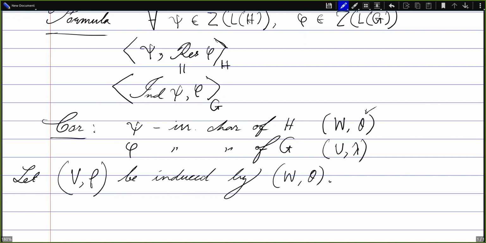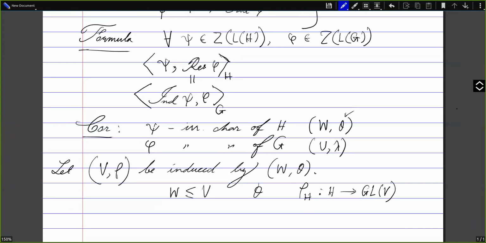If this happens, that means that we can regard W as an H-invariant subspace of V, and theta is the sub-representation of rho H, where rho H is just the restriction of rho just on H. So thus rho H is a restriction to the group H on V.